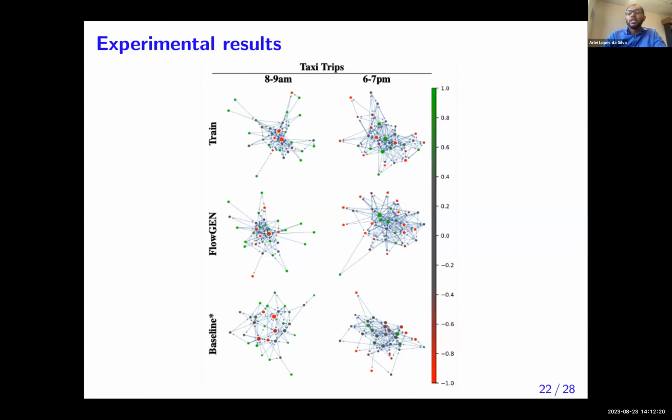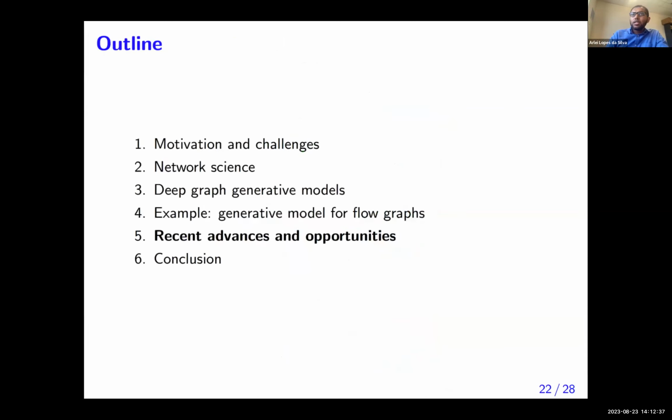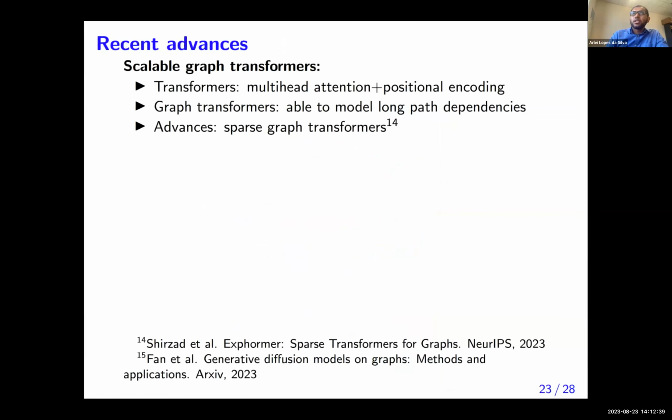You have this interesting structure where there's some hotspot, depending on the time of the day, for both the morning and night. Then we have the best baseline here, and we see that the graph generator doesn't really reproduce the properties that we want. Just to illustrate. Let me try to wrap up my presentation now.